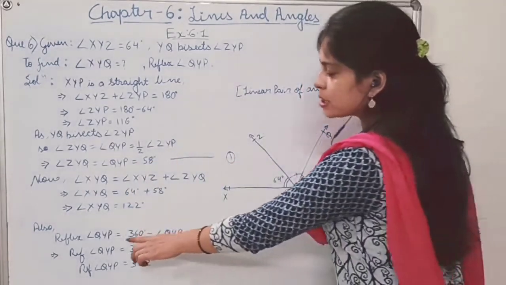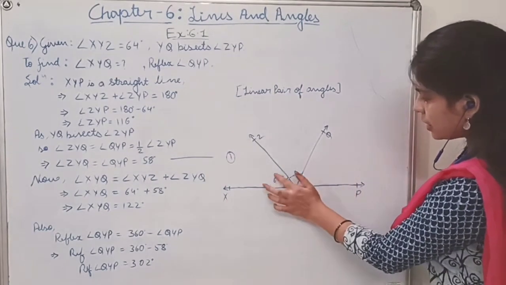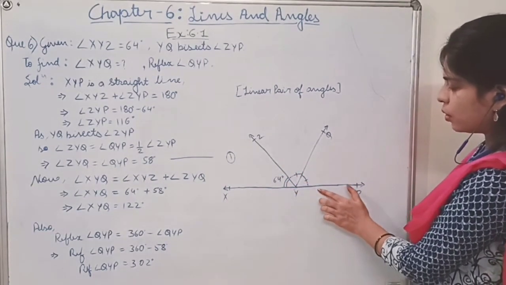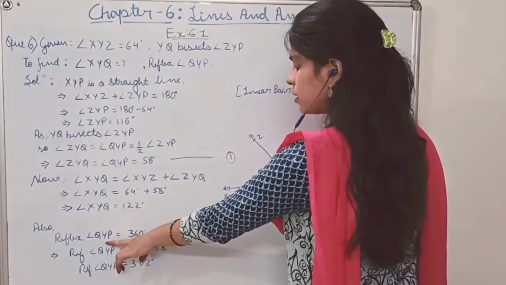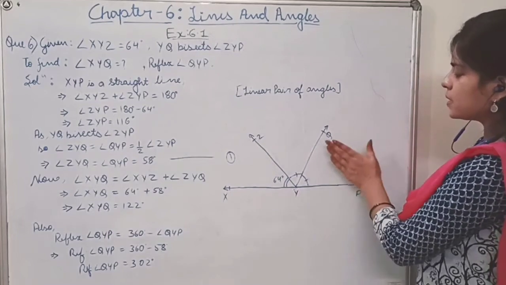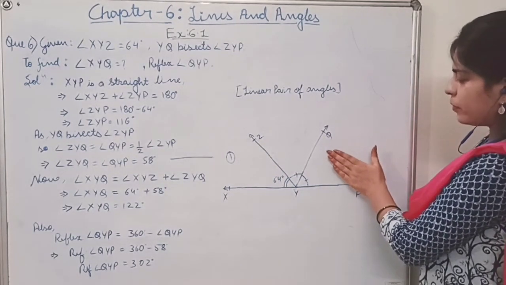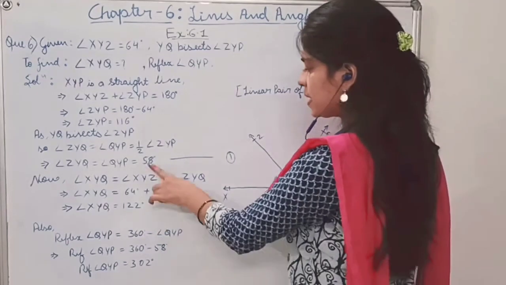Now, reflex of QYP will be this angle. It means reflex of QYP will be the complete angle minus the actual angle QYP. Actual angle QYP is 58 degrees.